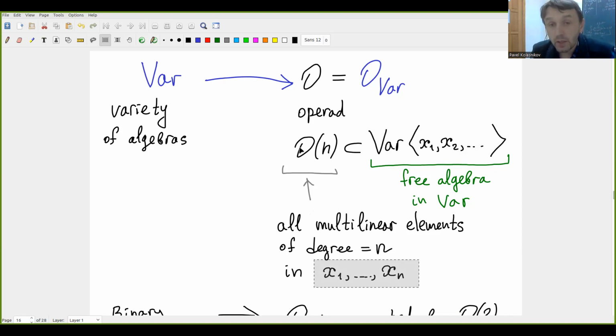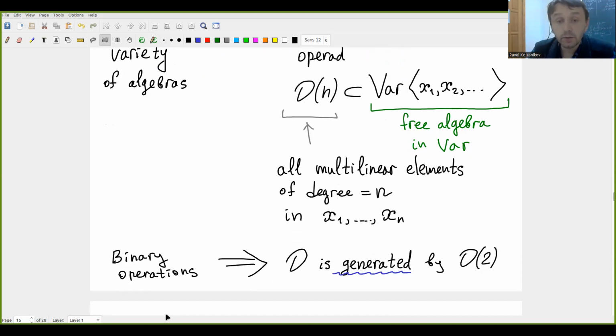That will be exactly the space O_n for an operad corresponding to a variety var. The symmetric group S_n acts on O_n as a permutation of variables.